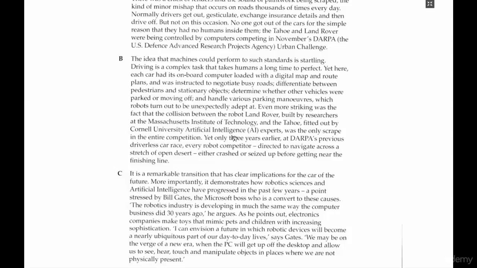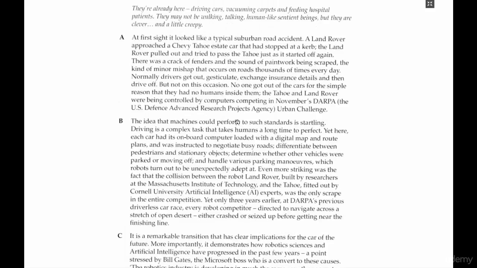The previous sentence says, even more striking was the fact that the collision between the robot Land Rover built by researchers, blah, blah, blah, fitted out by Cornell University, was the only scrape in the entire competition. So this year there was only one accident. The previous year there were all accidents. Okay? So that's what we're looking for.